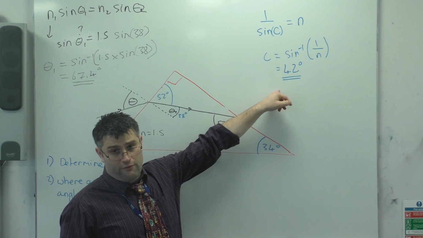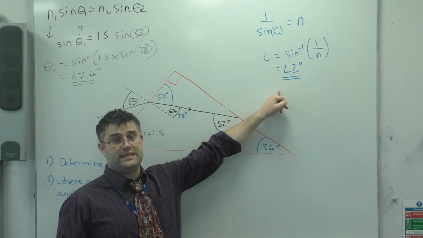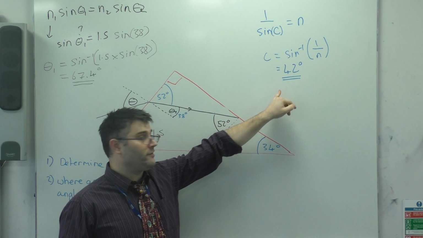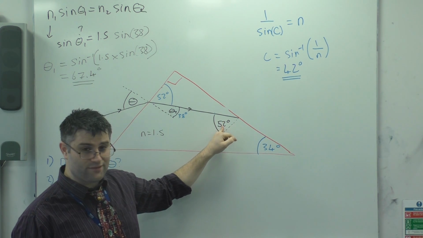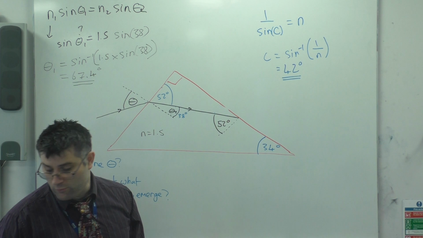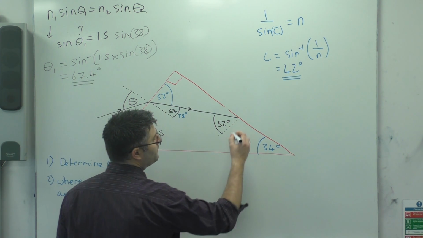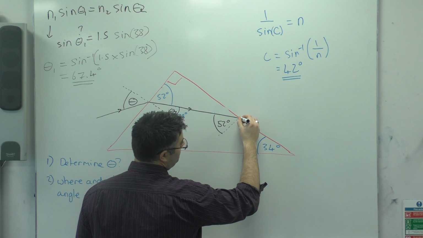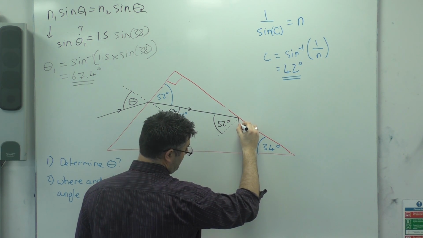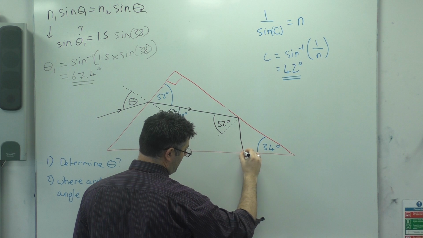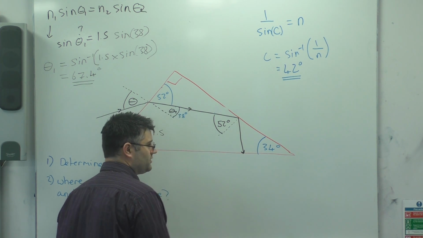So, those of you who have worked out what happens next, yeah, 42 degrees is the critical angle. This angle is greater than 42 degrees, so yeah, we can quite happily suggest that this is going to reflect in that direction.